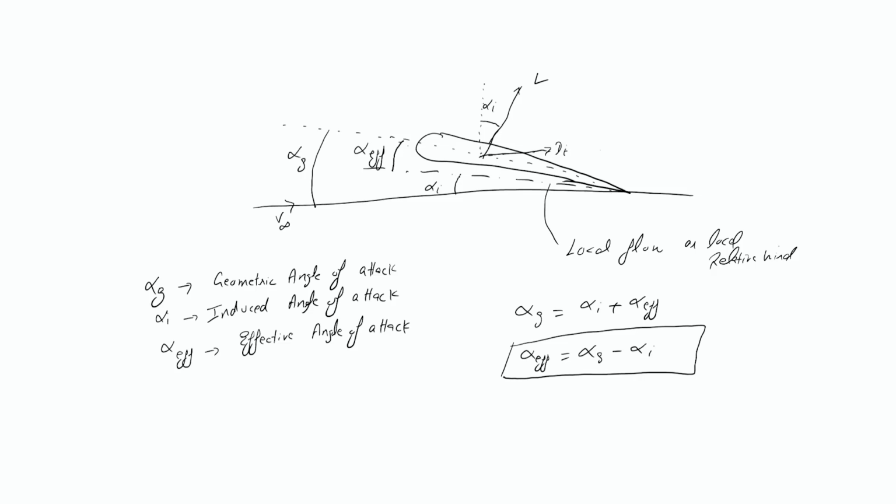Now we'll continue from here in the next class. As of now, ensure that you remember this figure and keep in mind that the local flow will always be inclined, it has been reduced by the induced angle of attack, alpha I, and finally the effective angle of attack is denoted by alpha EFF.